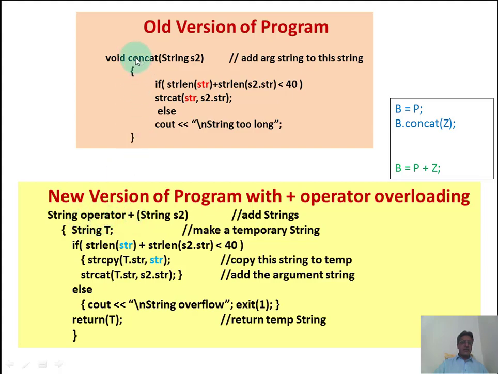Here the concatenate function is a void function. It is not returning any value, but for this plus function, before the operator we have the name of the class, that is string. It means it will return an object, while there is no return statement in the void function. So p will call plus and the value of z will be passed to s2.